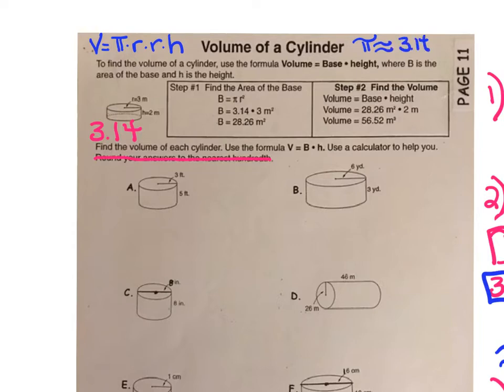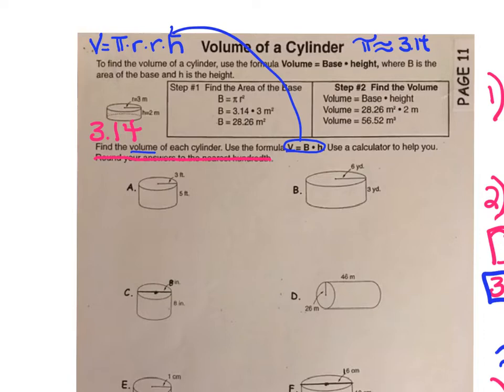It states, find the volume of each cylinder. Use the formula V equals big B times H. But we know that the specific formula that we're going to use is V equals pi times R times R times H. Use your calculator to help you.